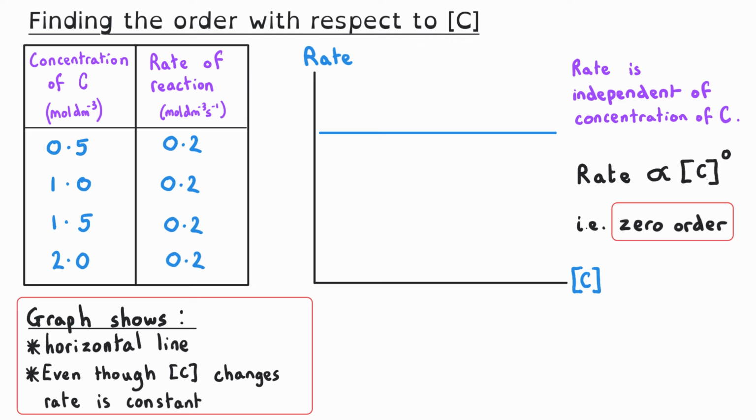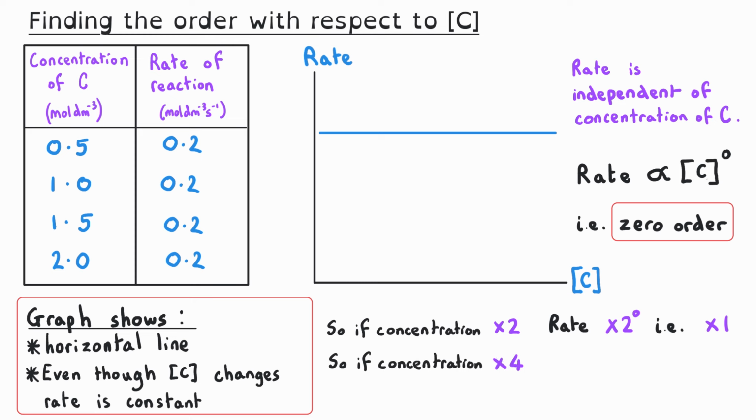And this means that if we multiply the concentration of chemical C by 2, the rate of reaction is multiplied by 2 to the power of 0, which will in fact be 1, because anything raised to the power of 0 is 1. Quadrupling the concentration will multiply the rate by 4 to the power of 0, which is also 1.